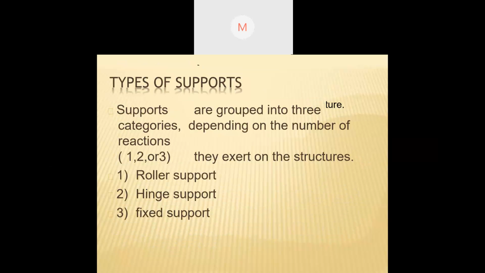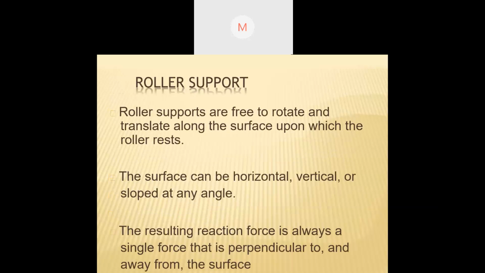Now for beams, there are three types of supports. Number one is roller, number two is hinge, and number three is fixed.